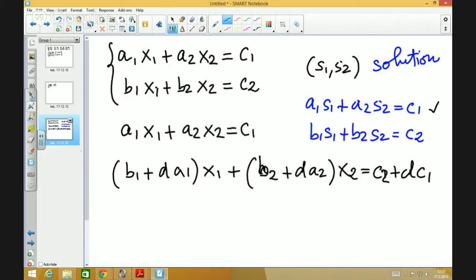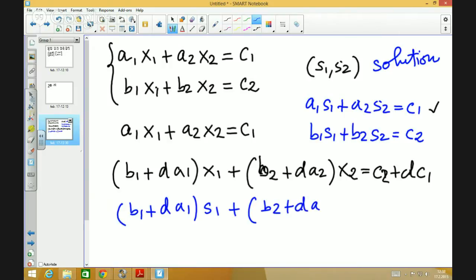How about the second one? Okay, so let's plug in S1 and S2 for X1 and X2 respectively, and let's see what happens. So here we get (B1 plus D A1) times S1 plus (B2 plus D A2) times S2.